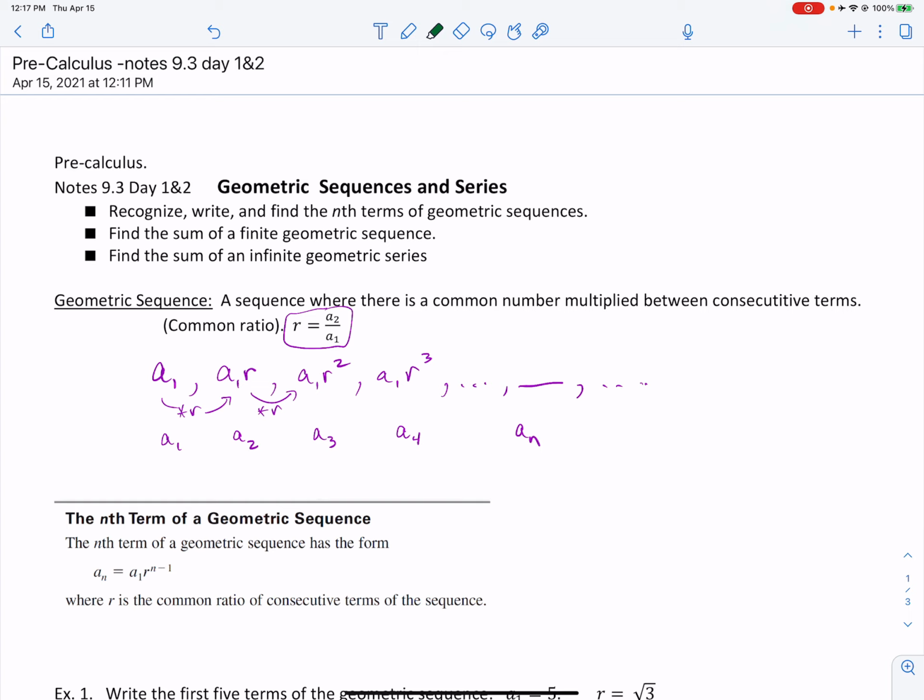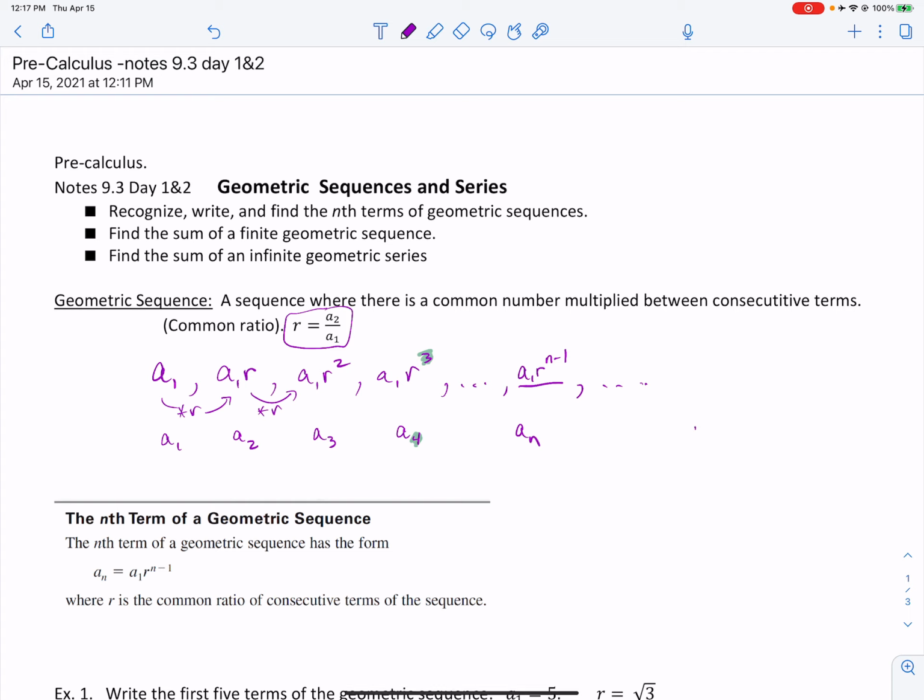If you notice, for the fourth term you've multiplied by r 3 times, so you've multiplied by r one less than the term number. So the general term is your first term, a sub 1, times r to the n minus 1.